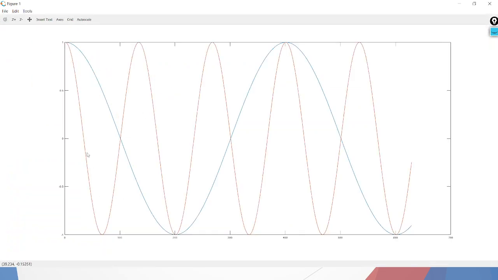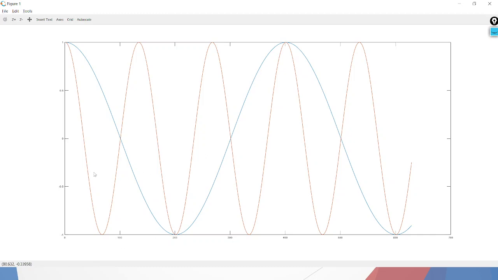So line-wise, they seem different. But if we were to take 8 samples in this duration, then you would surprisingly see that these samples are the same.